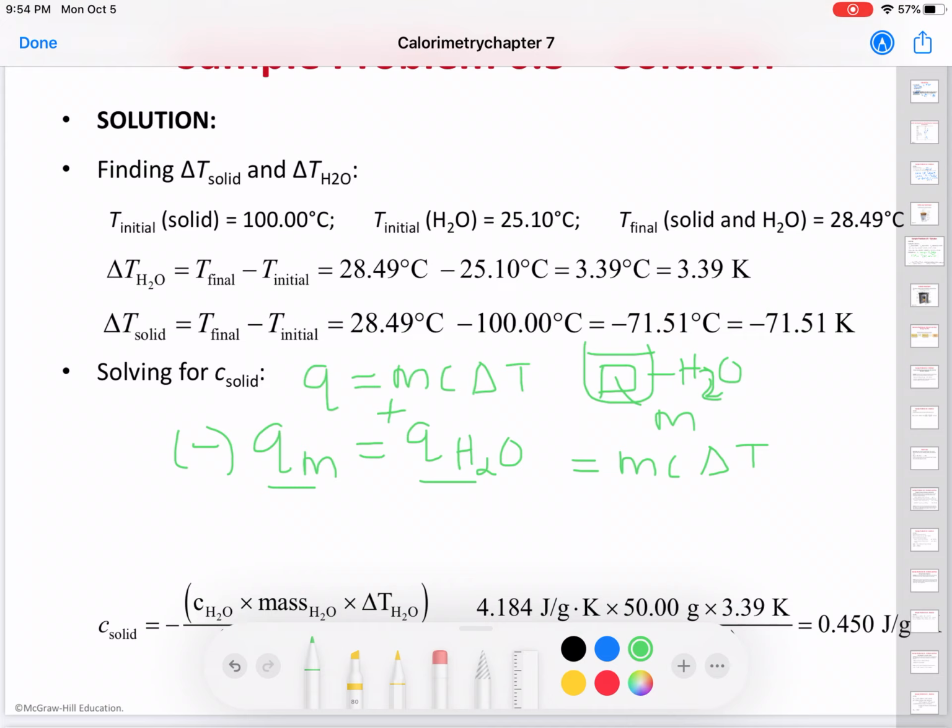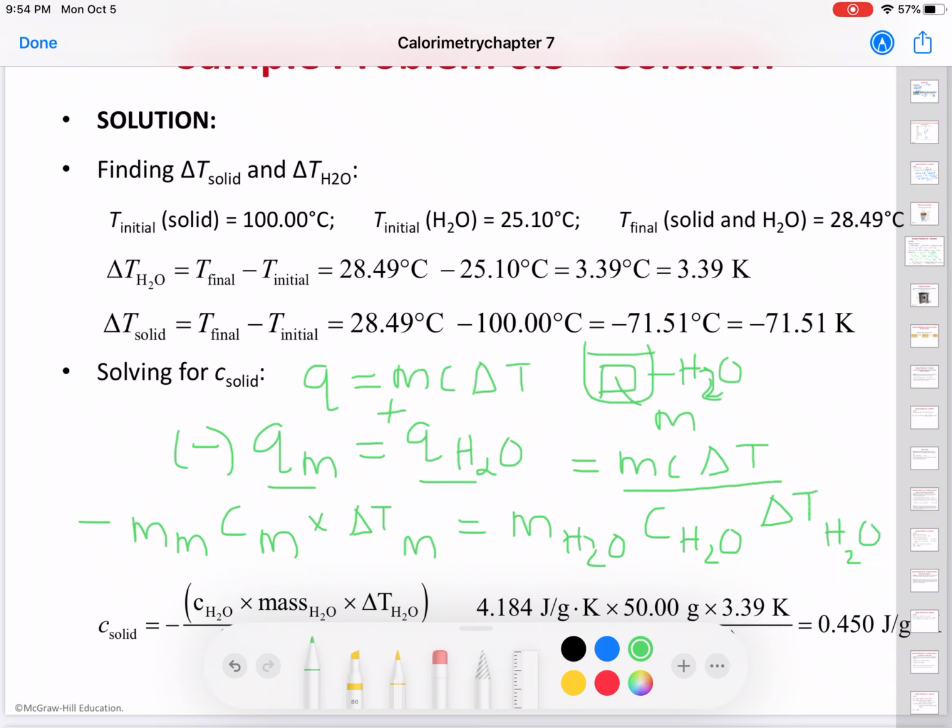So Q metal would be mass of the metal times specific heat capacity of the metal times delta T for the metal, which is going to be negative, equals mass of the water times specific heat of the water times delta T for the water.